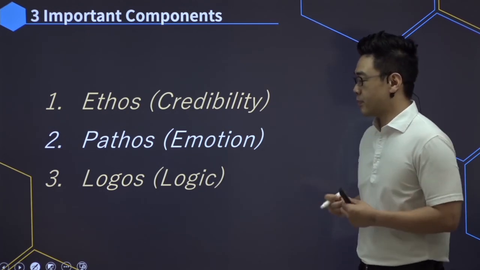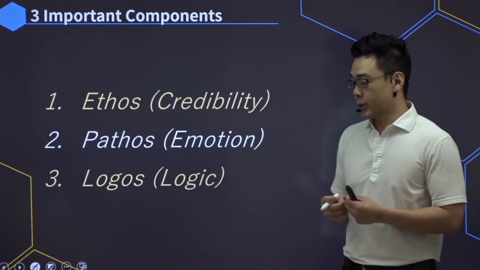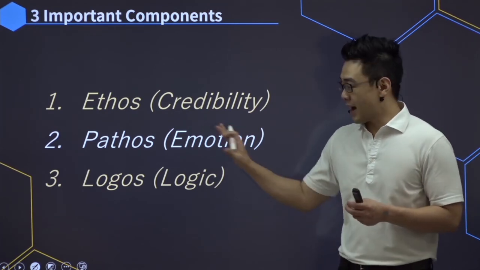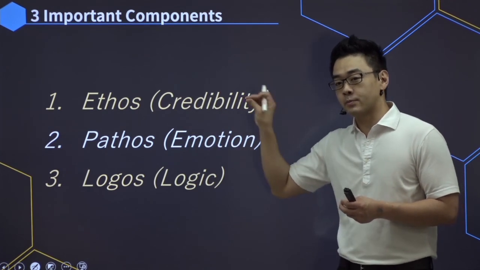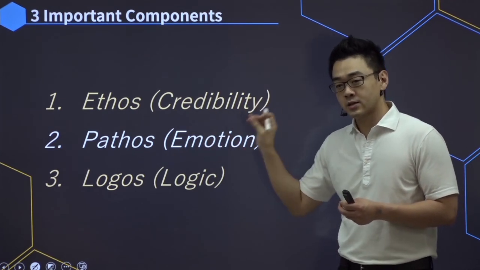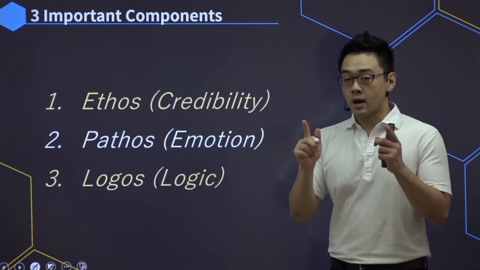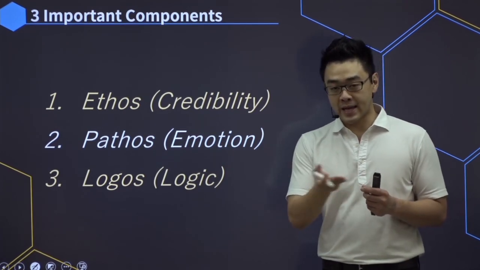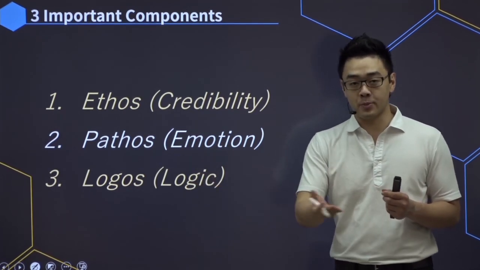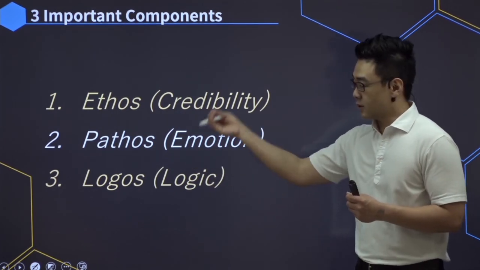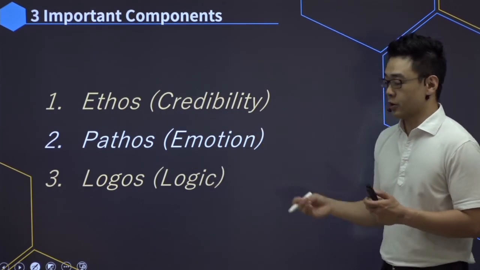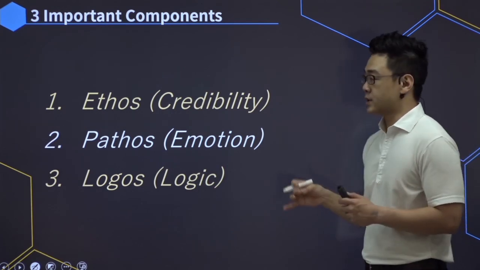Okay, that's pathos. And logos is the logic. After you change people's emotion, it's time to plant some logic, some evidence, so people would say, oh okay, I believe you now because there's evidence laid out on the table that I can see your suggestions work. So ethos, pathos, logos, very important elements to include.